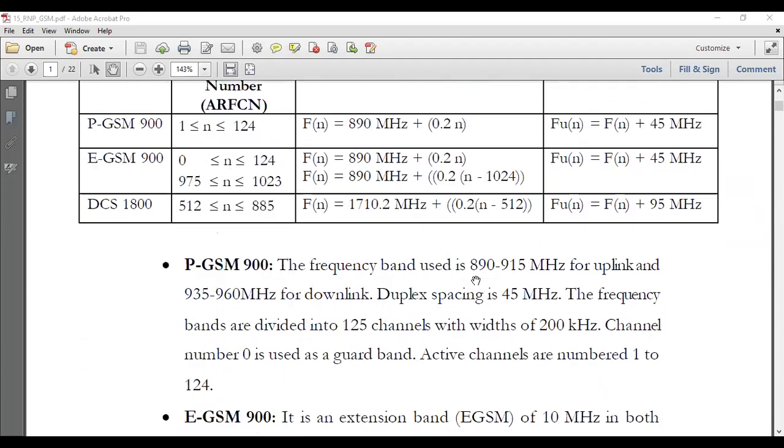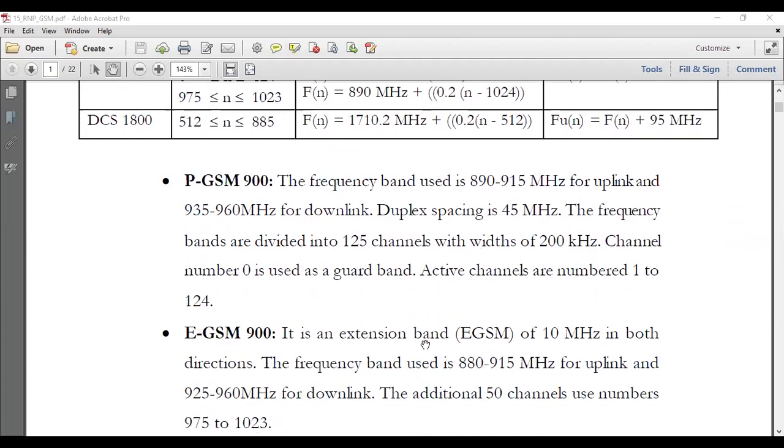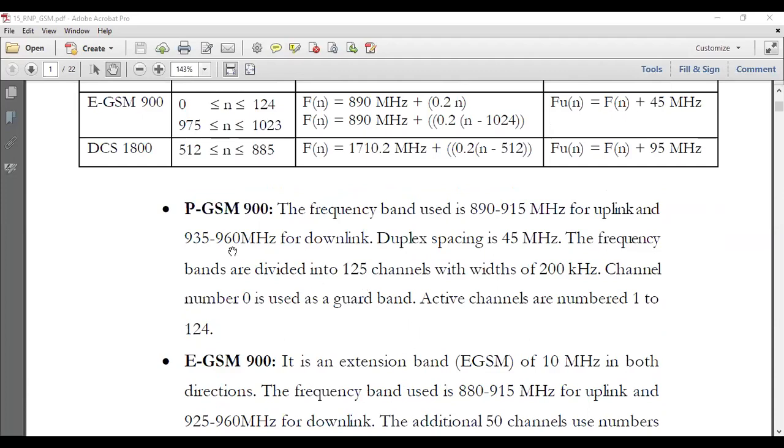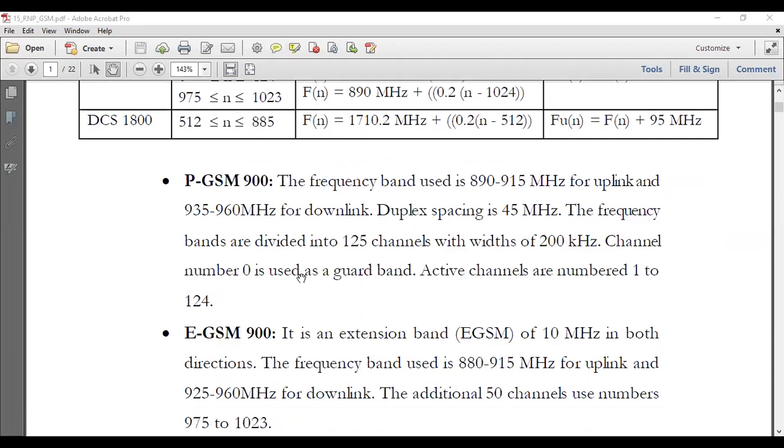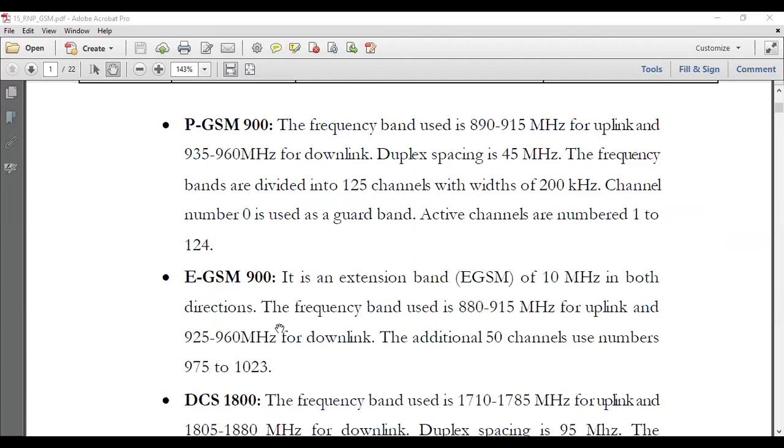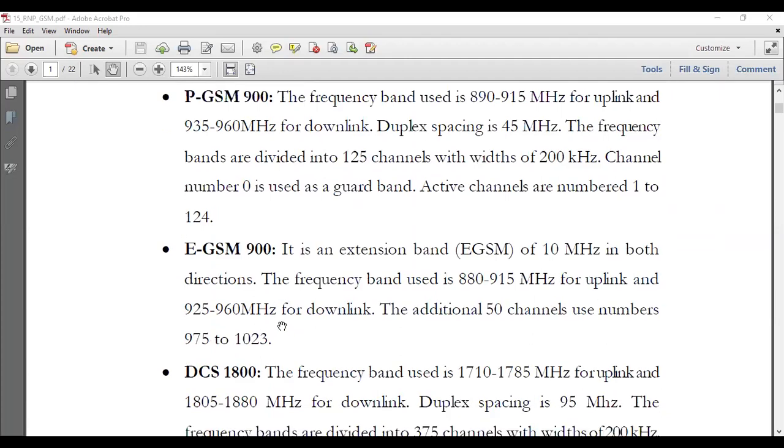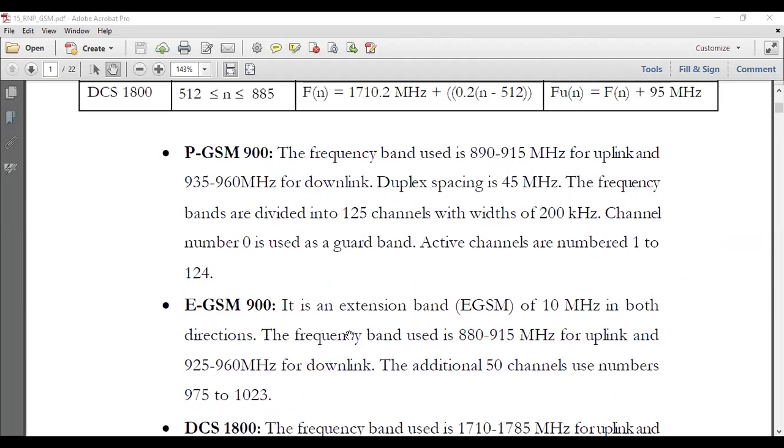Yes, sir. So you see the PGSM 900 band has some frequency range for uplink and for downlink, each of which is 25 megahertz range. The early 2G deployment used this band, but it was enhanced a little.